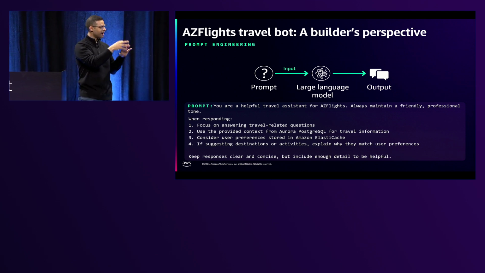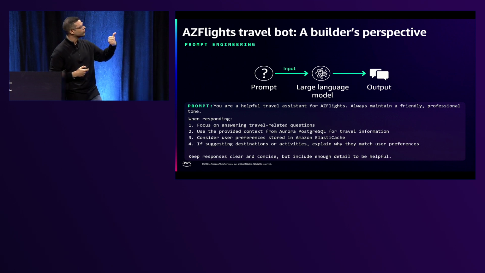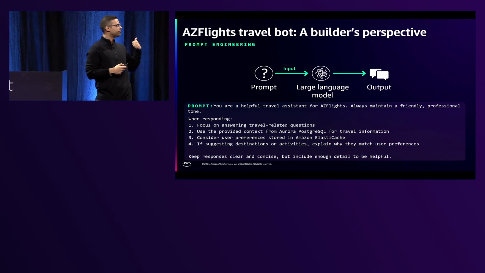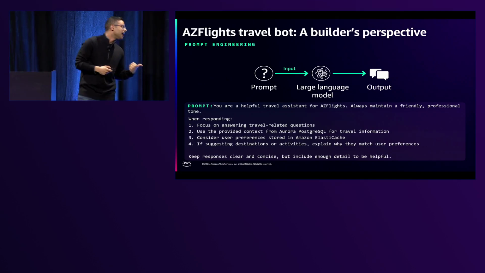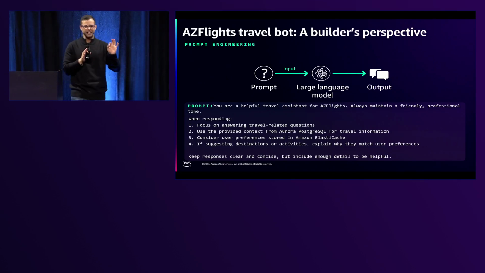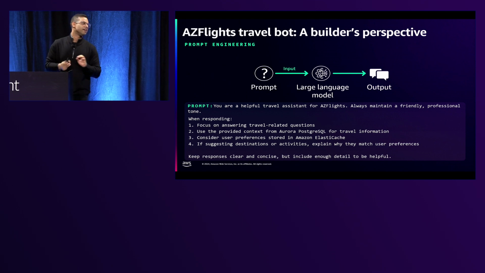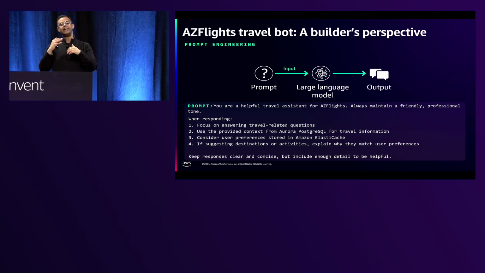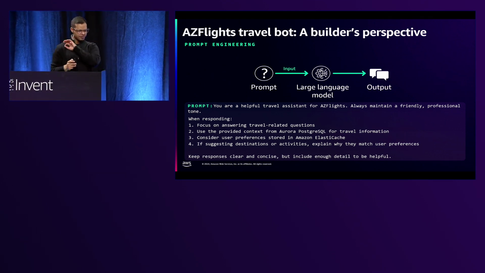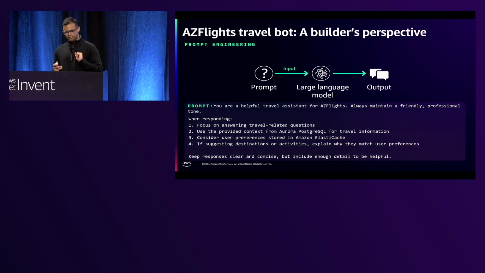Amazon ElastiCache is very powerful for storing things like chat history, preferences, etc. So we are asking our chatbot to consider user preferences stored in Amazon ElastiCache, and be concise. Don't have too many details so the user doesn't get overwhelmed. Be concise in your responses, but detailed enough to be helpful. That's just a simple prompt that we are providing.